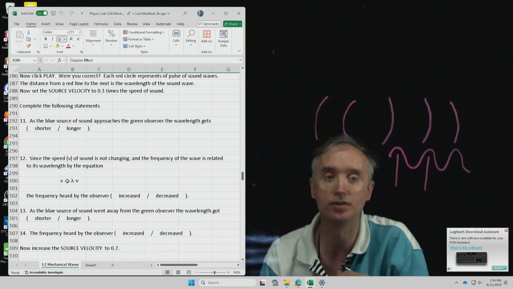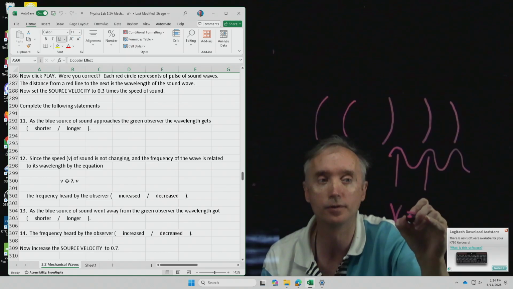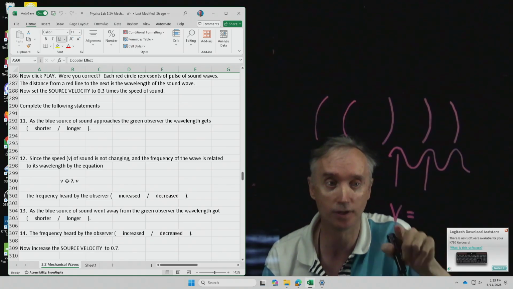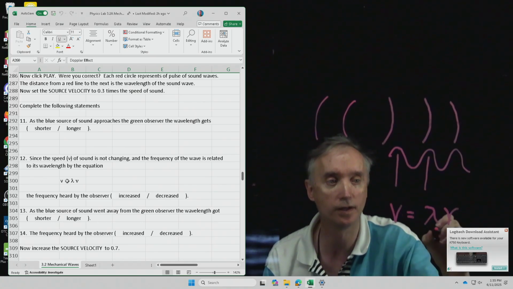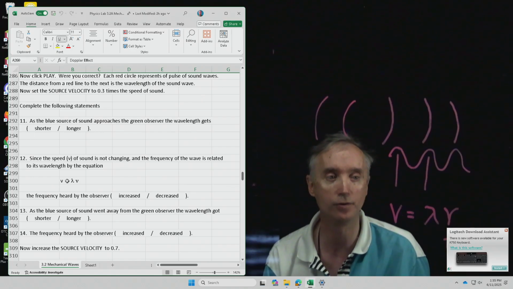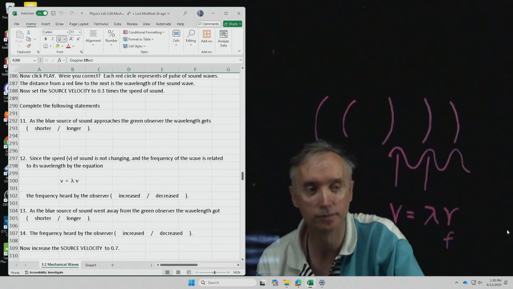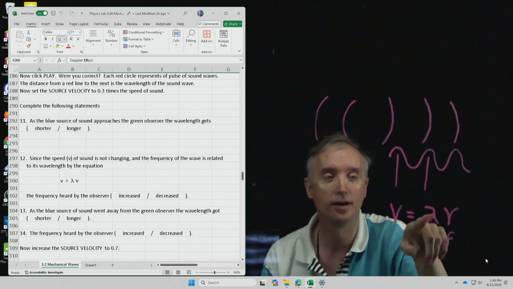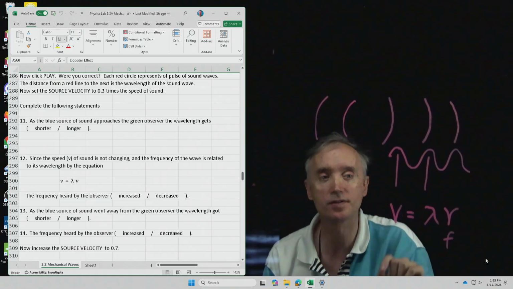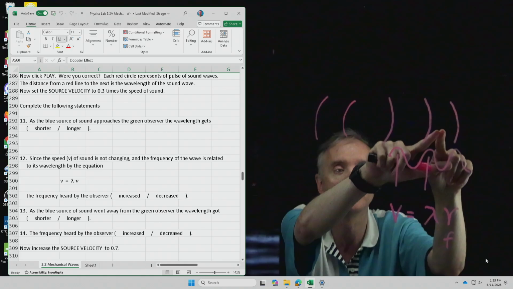In order to do that, we're going to use this: the speed of the wave, which is going to be sound. Again, the speed of sound is equal to the wavelength times the frequency. This is going to be F for frequency there. You can see what's happening to the wavelength by looking at what's happening to these red lines here.